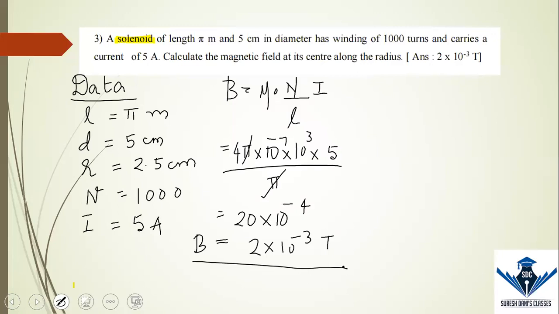So it was easy. I don't think it was difficult to solve this particular question. So this, they have basically done it based on the applications of Ampere's circuital law.